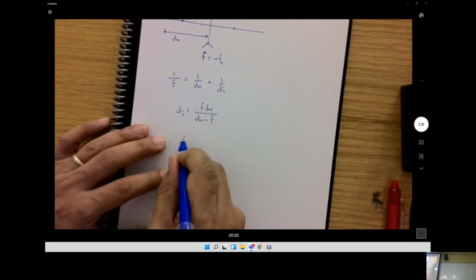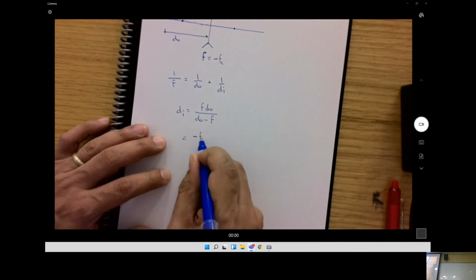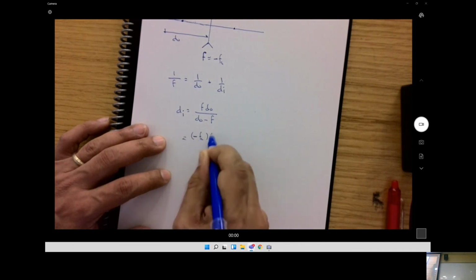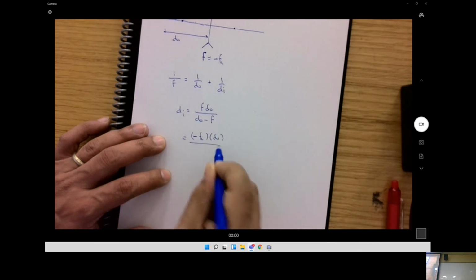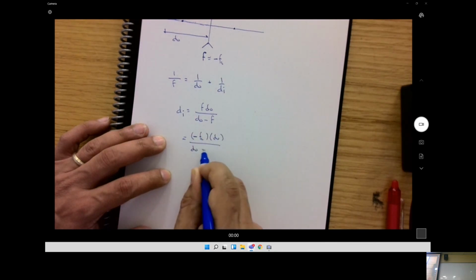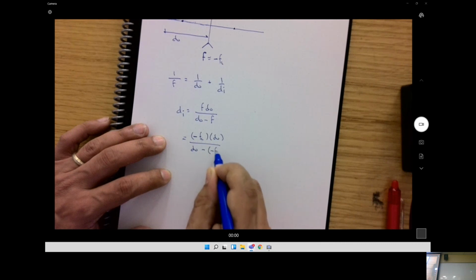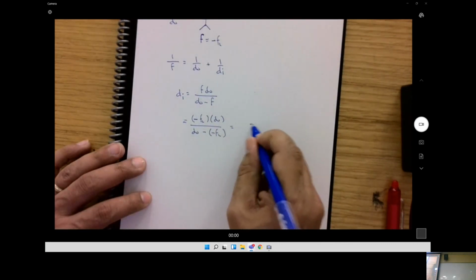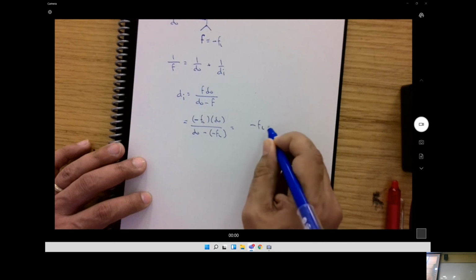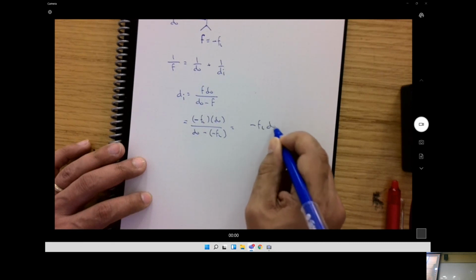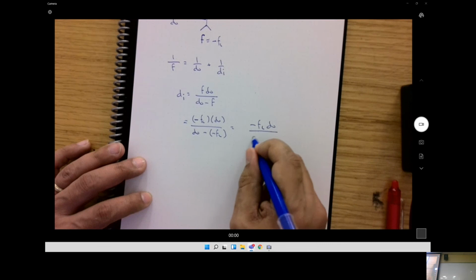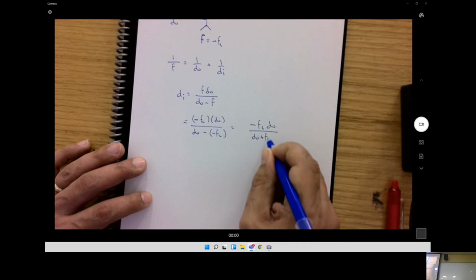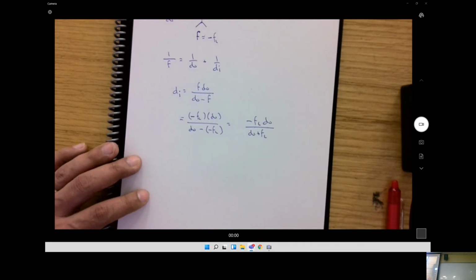So I'm gonna have negative the focal length times DO over DO minus the focal length. So this will be negative FL times DO over DO plus the focal length.